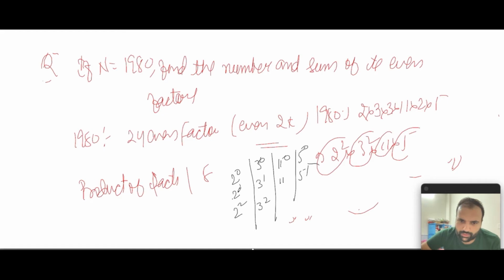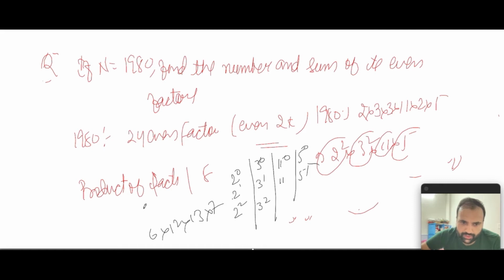So add it up over here. So you have 4 plus 2 is 6 plus 1 is 7, you have 9 plus 3 is 12 plus 1 is 13, and then you have 11 plus 1 is 12, plus you have 5 plus 1 is 6. So what do we get when we multiply this?